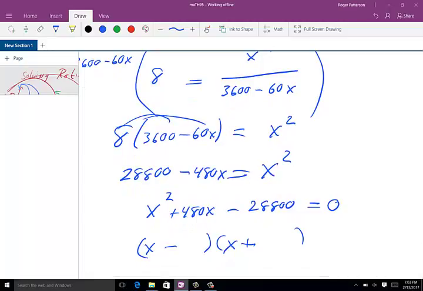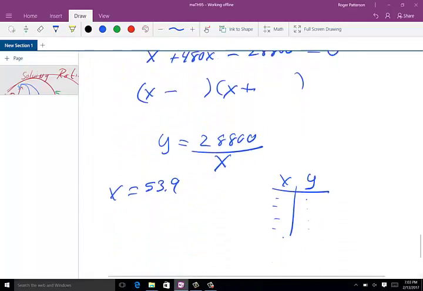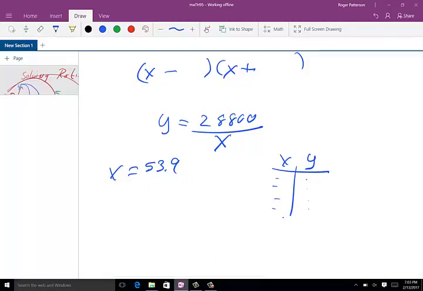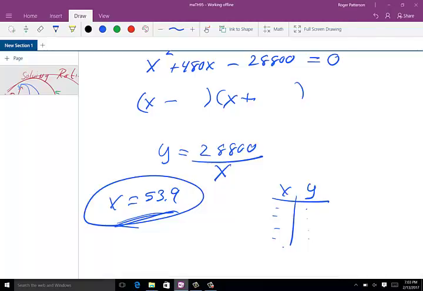Yeah. Okay. I don't know, maybe that's their intention. So, approximate it to about 53, 54. So there's my answer. And then it says, interpret that. Well, X represents a number of cars per hour, so I guess about 54 cars per hour would be my interpretation.